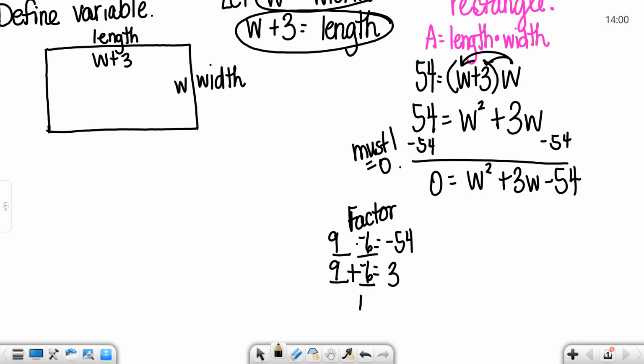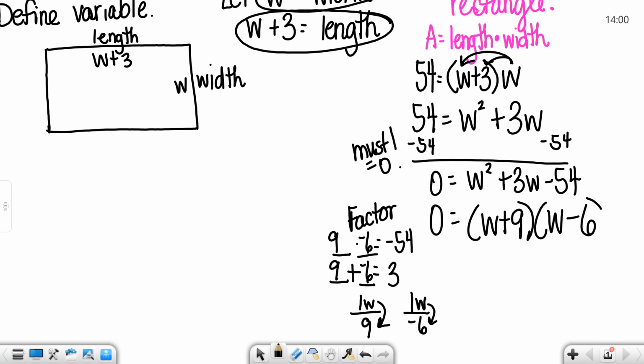So I take my A value with the variable, in this case it is W, over 9. My A value with the variable over the negative 6. Neither one can simplify. So my factors are W plus 9 and W minus 6. Now we set each factor equal to 0 and solve.